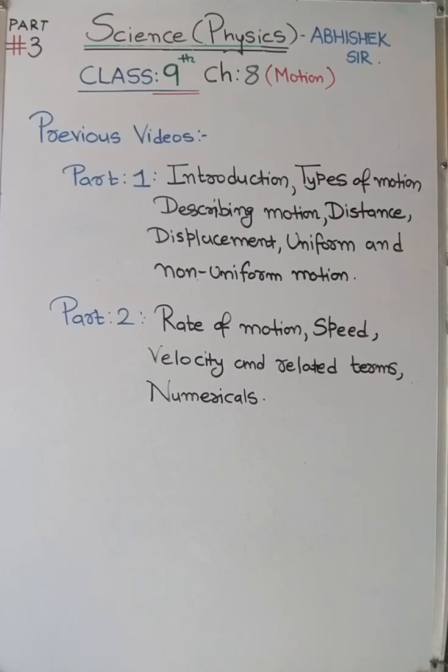In part 2, we discussed rate of motion, speed and related terms, then we studied velocity and related terms, and then we also studied and solved a few numericals. I hope these two parts were useful to you, and in this break you might have gone through these two videos. So assuming that you have this knowledge, let us start our part 3.